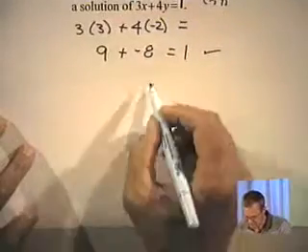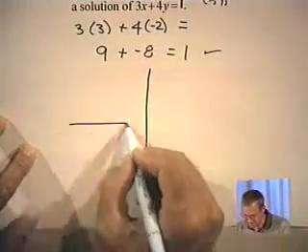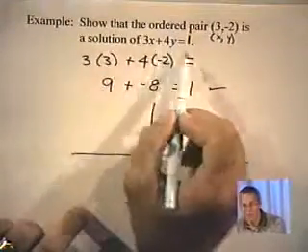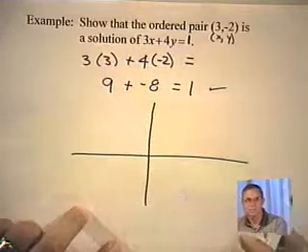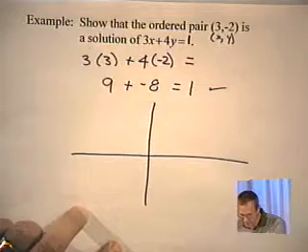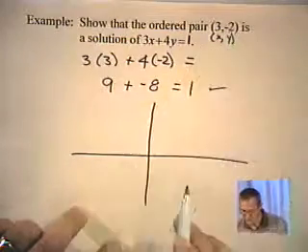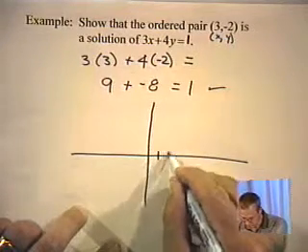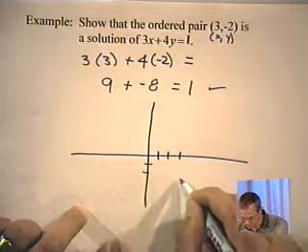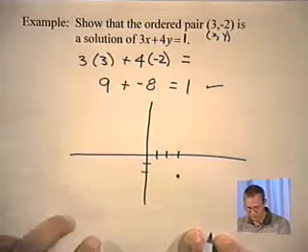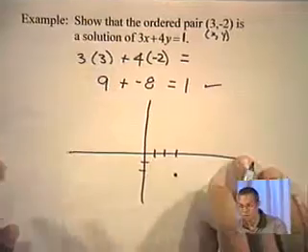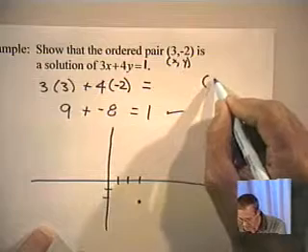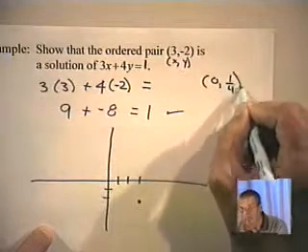Now let's take a look at what we've actually done. We have said that this is a linear equation, so its graph must be a line, and we'll talk about graphing these later. But we know one point on this graph must be the point (3, -2). Another point that is on this line, I'll just tell you, is the point (0, 1/4).